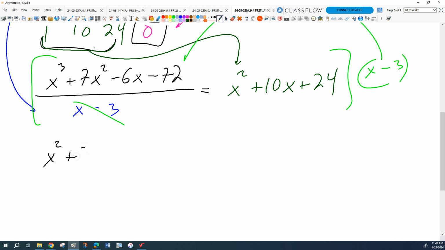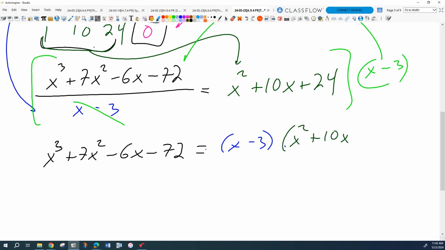X cubed plus 7x squared minus 6x minus 72 factors into x minus 3 times x squared plus 10x plus 24, right? And we're trying to find out when that whole thing is equal to 0.